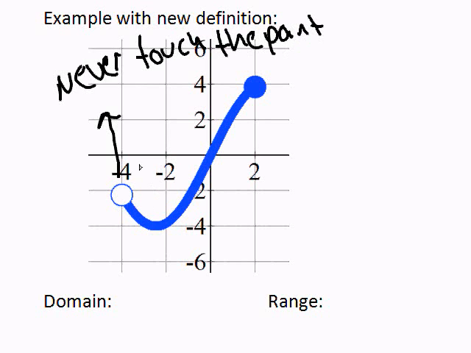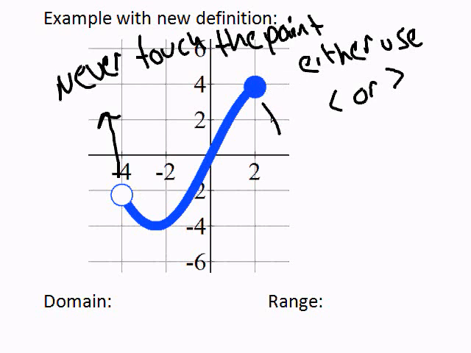That's why the circle isn't filled in. And if you can't touch a point, that means you're going to either use a less than or a greater than symbol. You're not going to use the or equal to symbols because you can't actually equal that point.